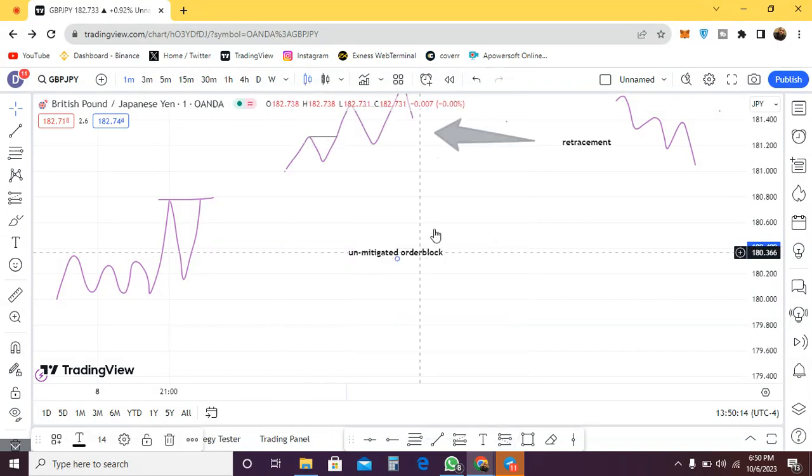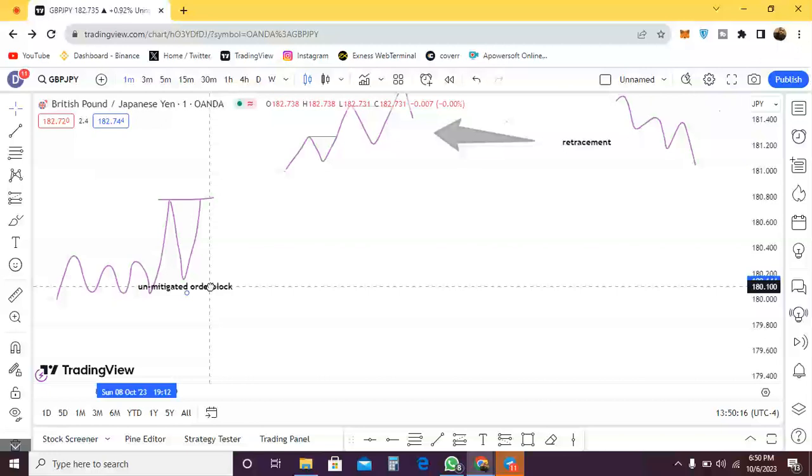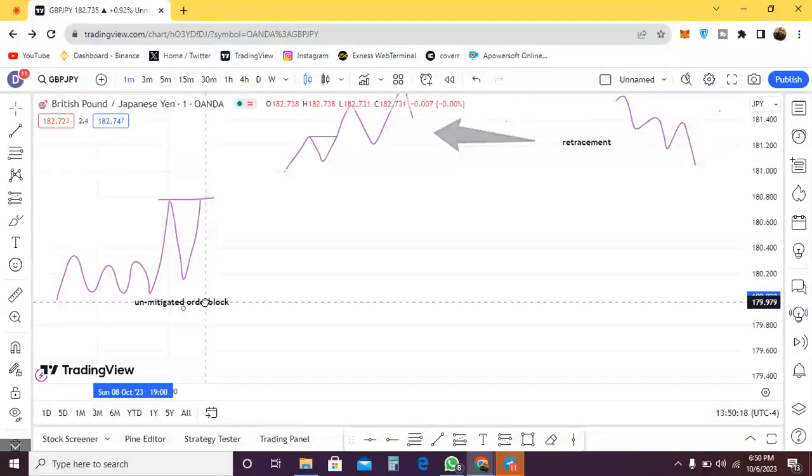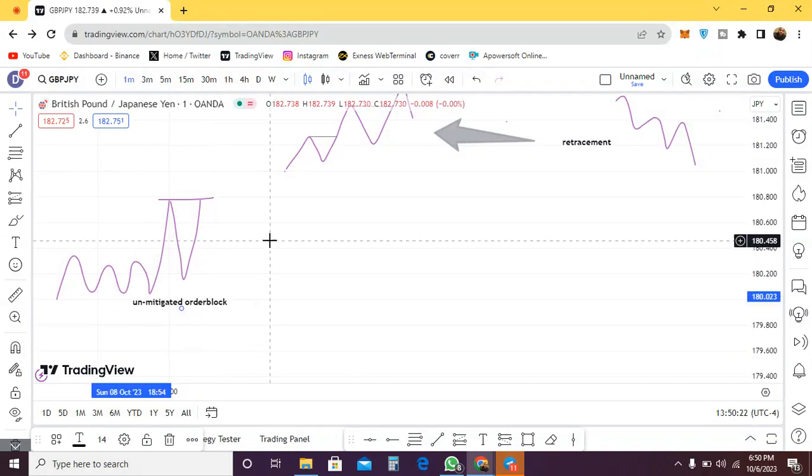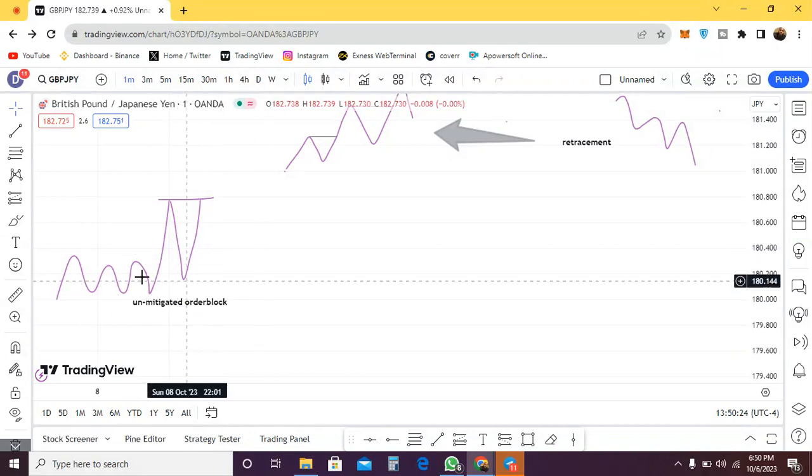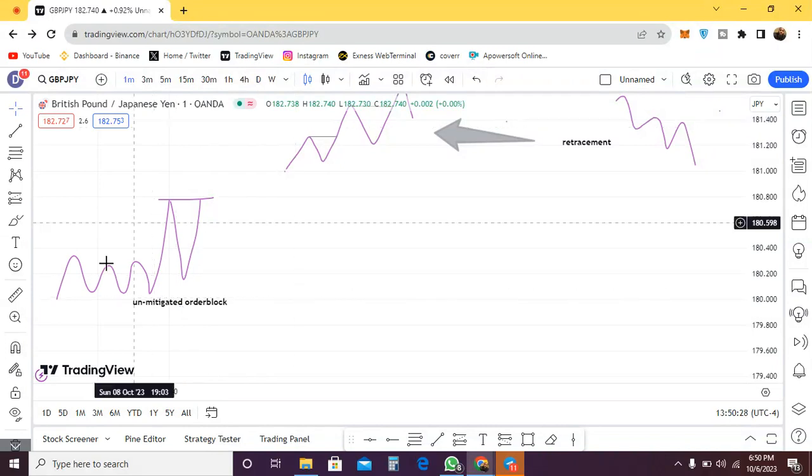So for an expansion level, when we have a new expansion in the market, we are still going to talk about order block. I just want to take it one step at a time. When we have an expansion, you are looking at an unmitigated order block for your reference of entry.